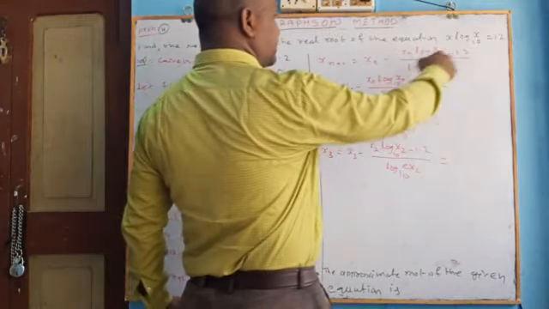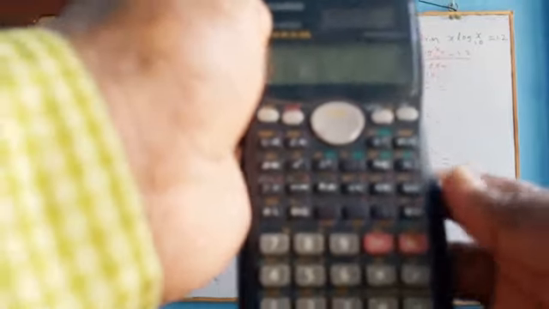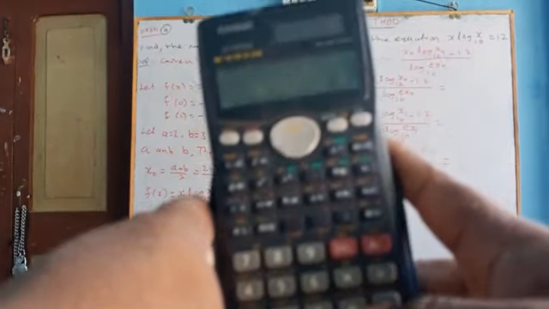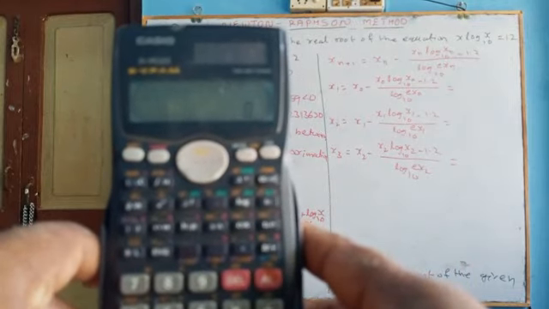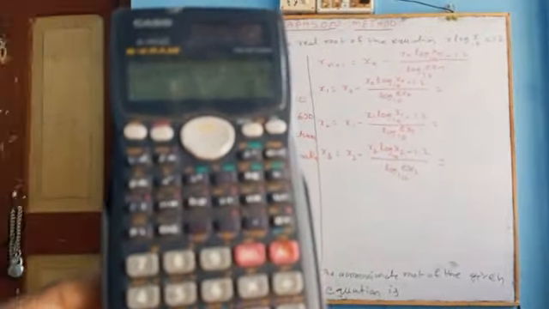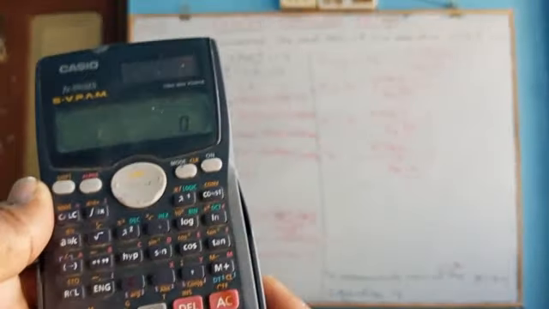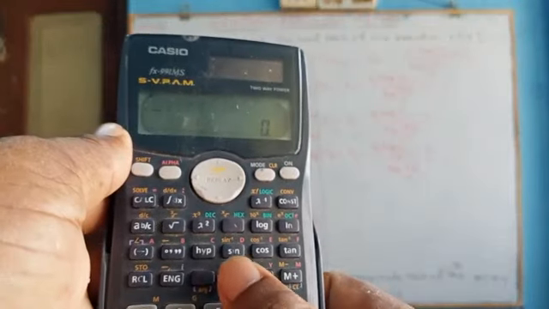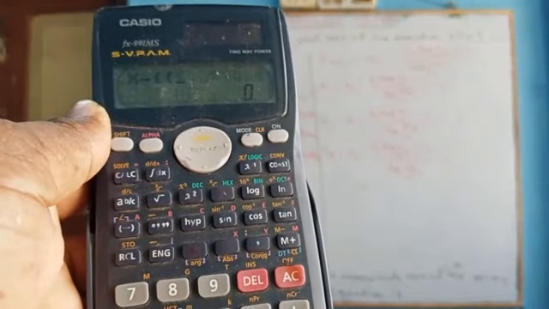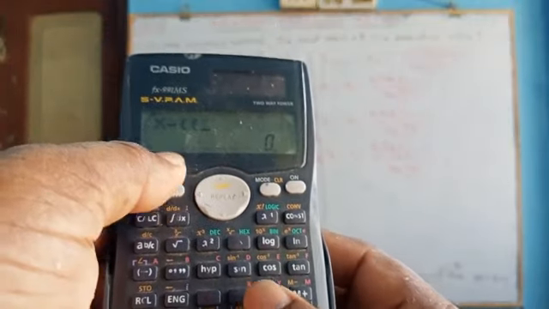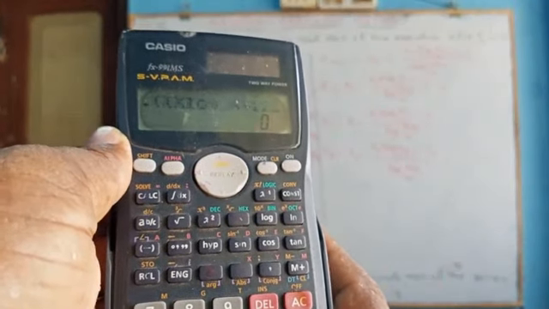First substitute this equation in the calculator. Type x minus, then open the fraction bracket, for the numerator open a bracket, x log x base 10, clicking the LOG button for base 10, minus 1.2, and close the numerator bracket.